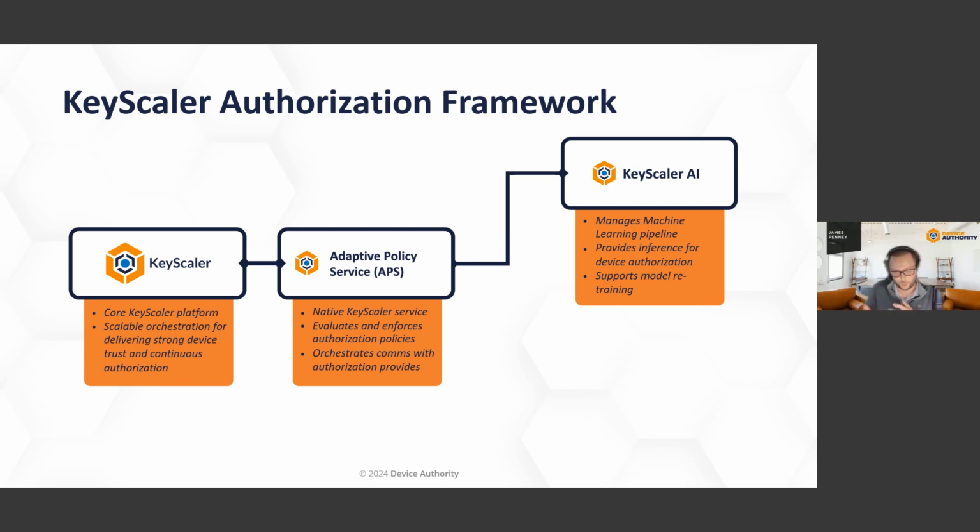One of those, I'll talk about in more detail, is anomalous device detection. It also provides the core inference, the processing of that data to determine whether a device is good or bad, or whether we should not trust it anymore. And it also supports things like model retraining in the instance that you need to introduce a new device model to the platform.